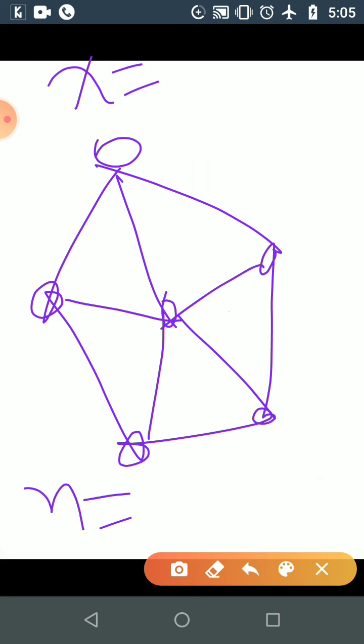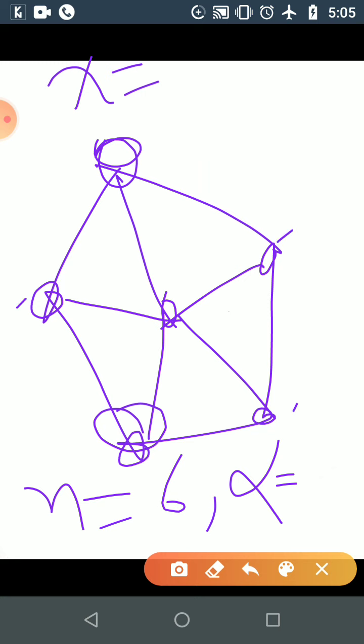And how many is alpha, that is, how many independent vertices are there? You can take this one, then you can't take this one, you can't take this one. So only 2, maximum is 2, as in C5 the maximum is 2, and here also you can take this one, correct.